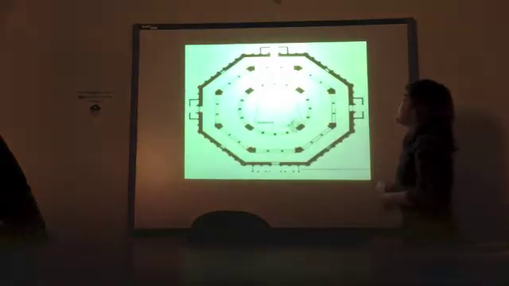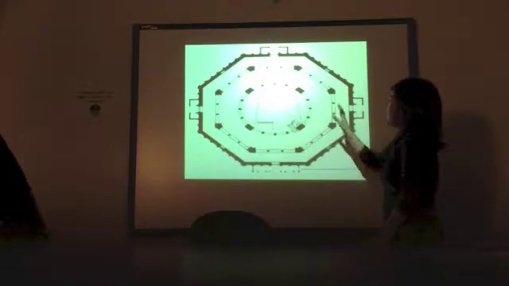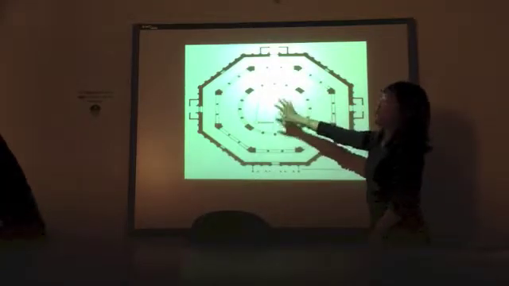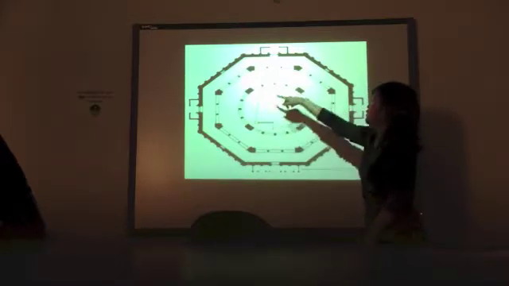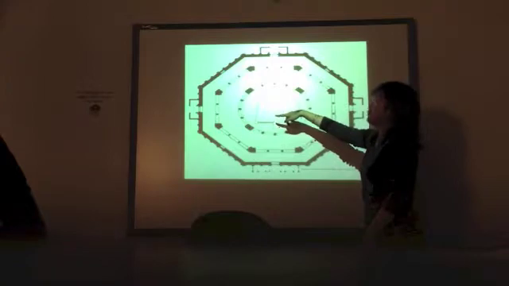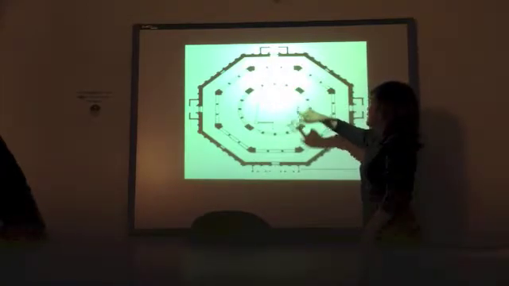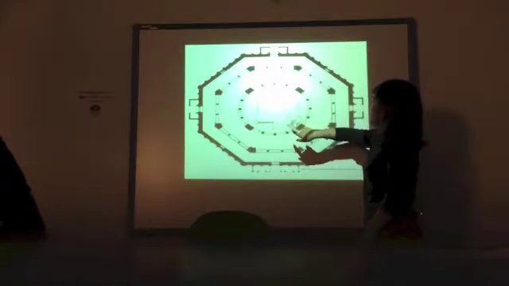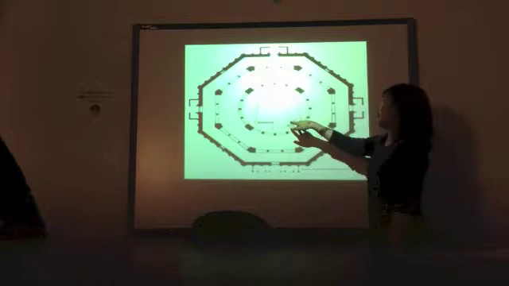Next one. This picture shows more clearly how this is constructed. There's a center where the actual rock is, but this circle is called the central rotunda, and the central rotunda is surrounded by 16 arches, piers and columns.